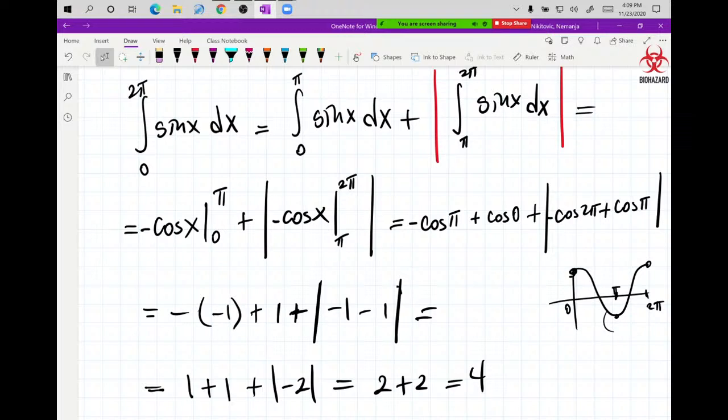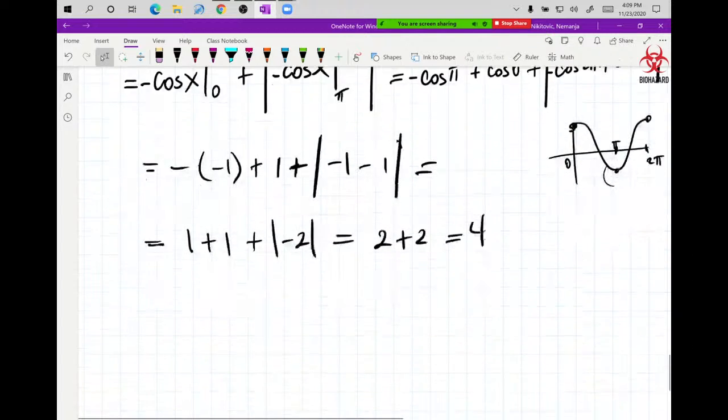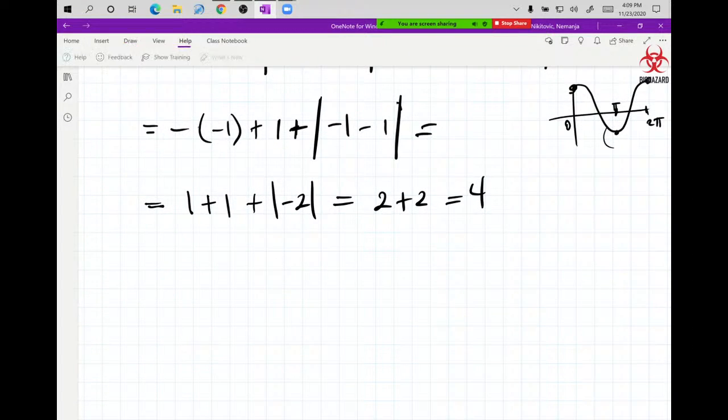So now we have to be careful when we are dealing with problems where the function dips below the x-axis.